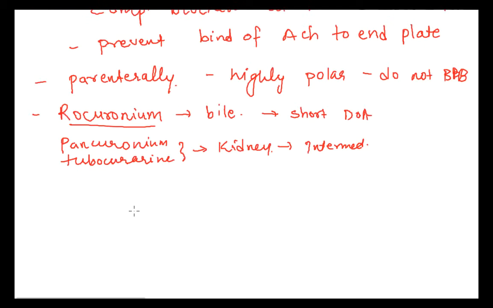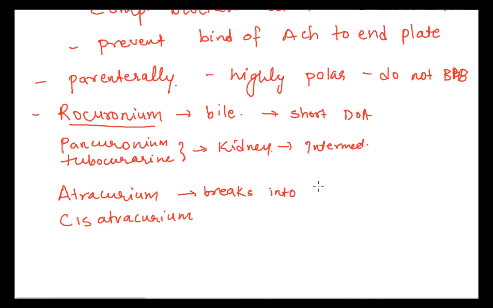Okay, now the important ones to remember are atracurium and cis-atracurium. So what happens here is that atracurium is spontaneously broken down, metabolized into a metabolite called laudanosine, and this laudanosine metabolite causes seizures in patients.